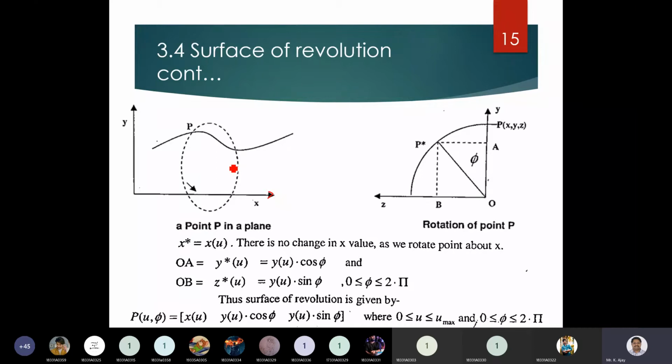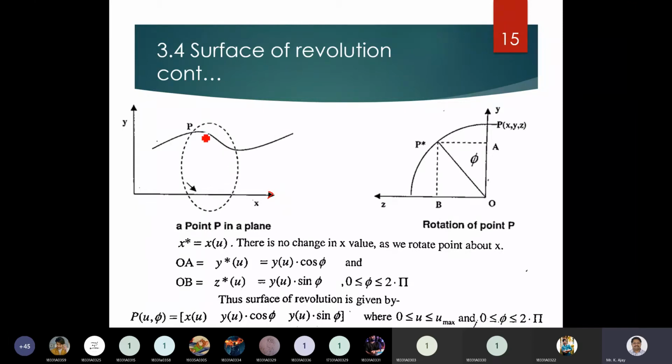When you rotate about this axis, definitely you will get a surface of revolution. For such a surface of revolution, we are trying to understand the mathematics: when the curve is lying in the xy plane and we rotate about the x-axis, what is happening.